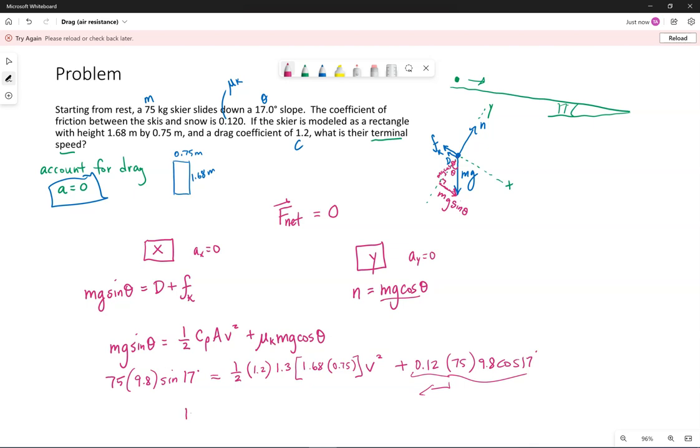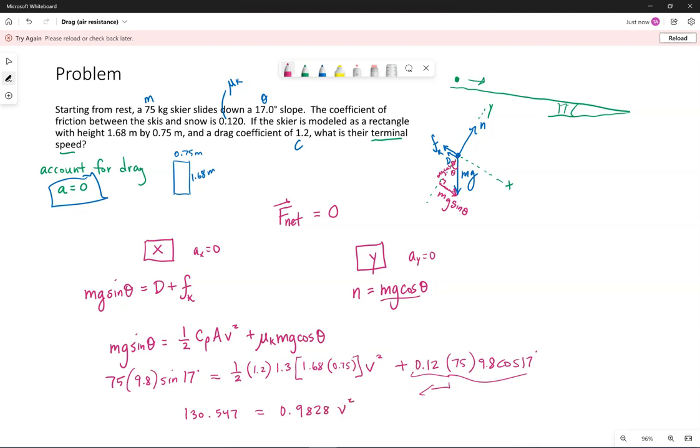Okay, that leaves me on the left side, if I plugged everything in correctly, 130 point stuff. On the right side, I'm just going to calculate all those numbers, get them multiplied together. So 0.9828 v squared.